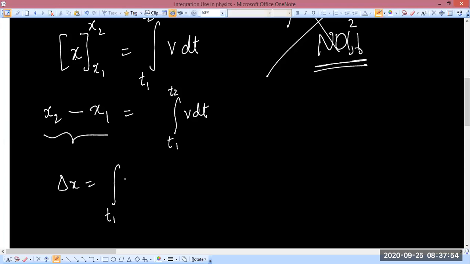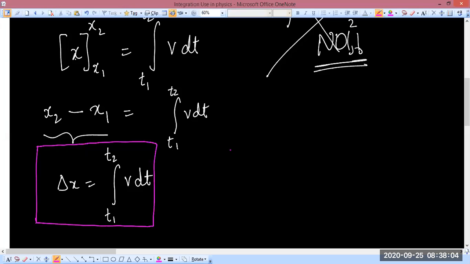So, do you realize we have got a final relation? That delta x is nothing but the integration of v dt from t1 to t2, right? This is a very important formula.